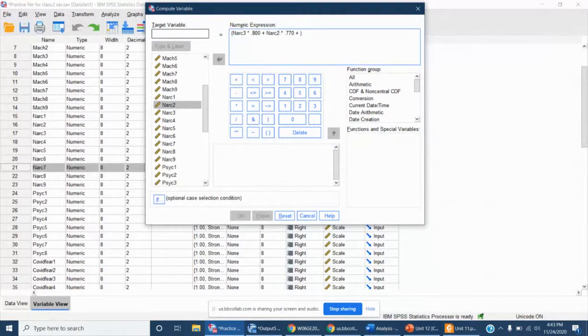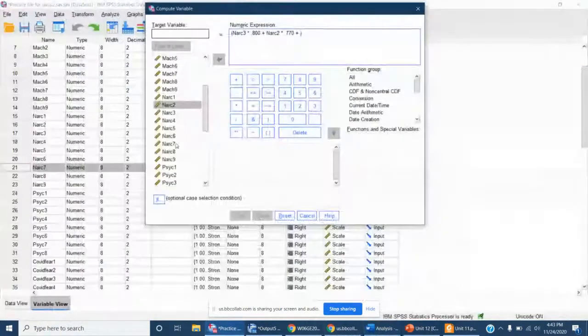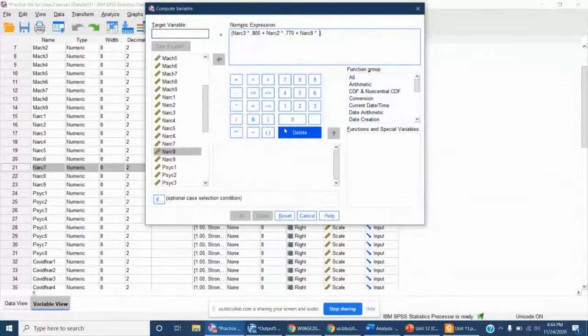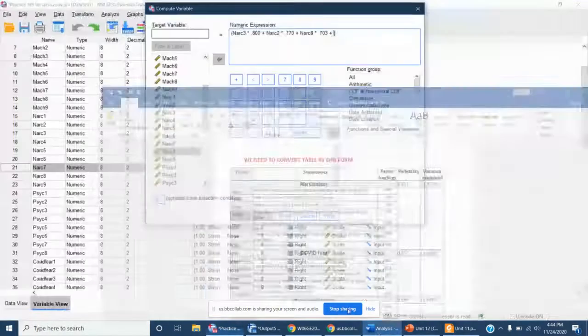I will add it with my third question, which is narcissism 8. Narcissism 8 will be transferred there, multiplied by its weight, which is 0.703. I will add it here. Then I will choose the fourth item, which is narcissism 4.